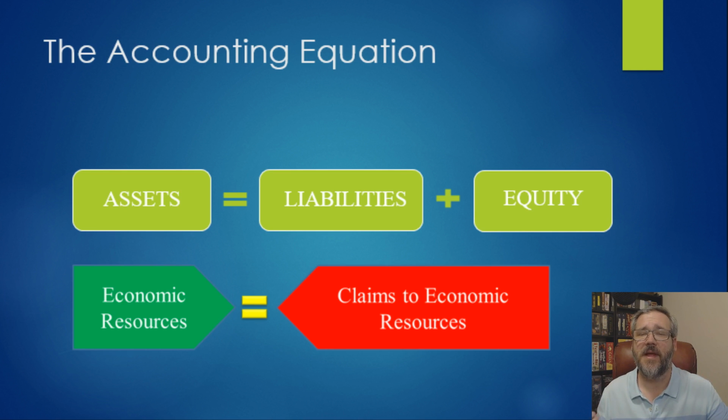Liabilities and equities are my claims to those resources. Liabilities are claims to my resources by outsiders. So I'm looking at bankers, lenders, creditors, those outside of the company kind of people. Equity is going to be my internally generated funds. My stockholders, because they're technically owners of the business, right?